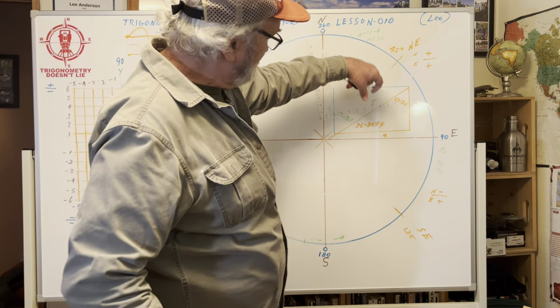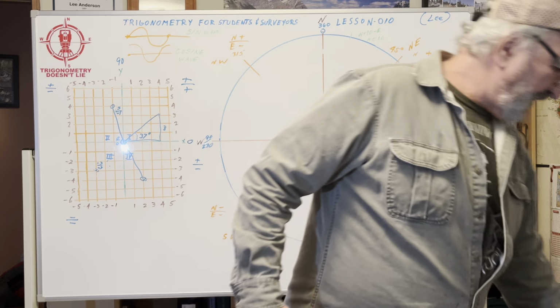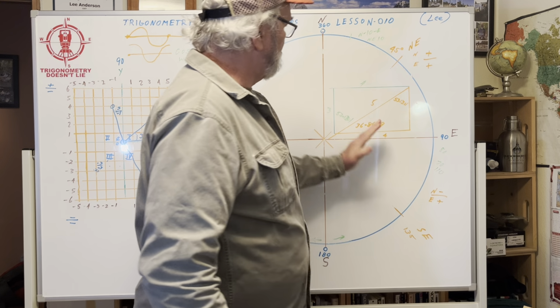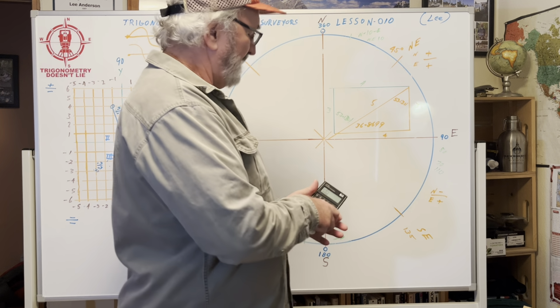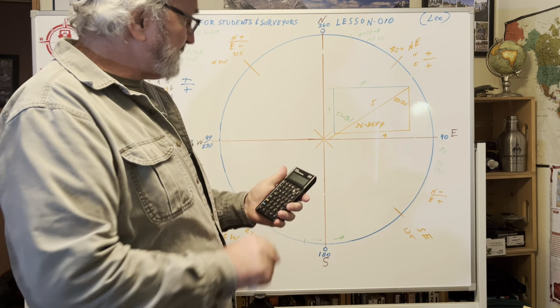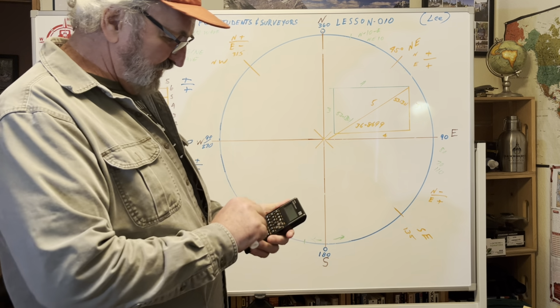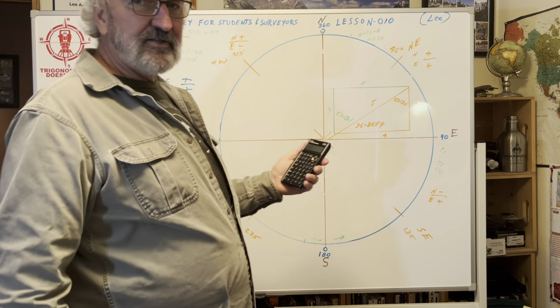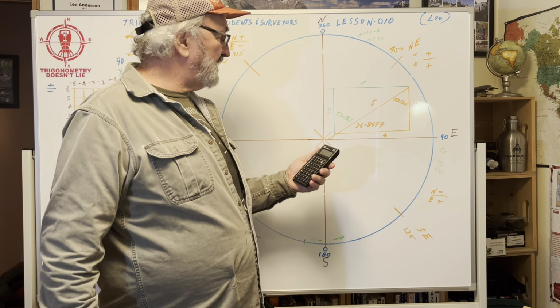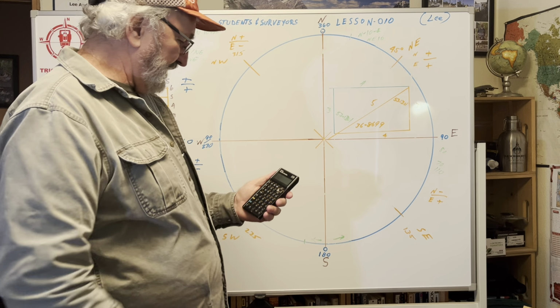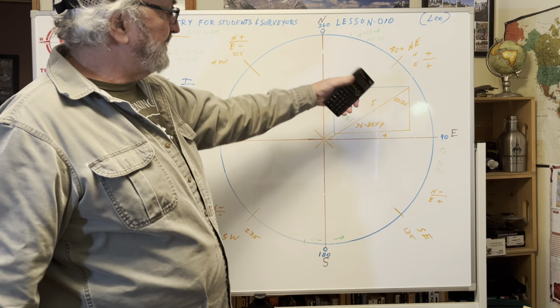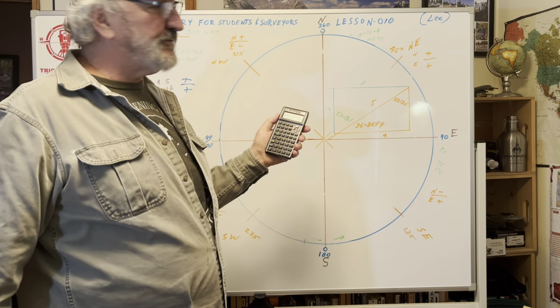So all these are going to be the same distances this way and that way. We're going to go 45, that's our first angle. Now hit cosine, and you're going to see 0.7071. Now hit 45 and hit sine, and it's going to be exactly the same. And by the way, they're both positive.